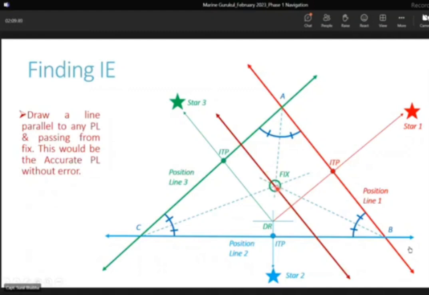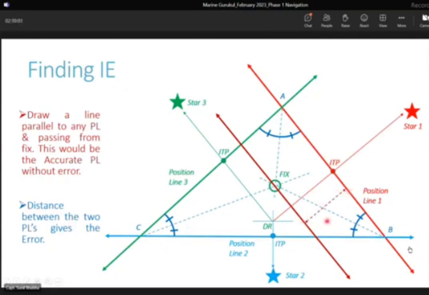Now once we have these two parallel lines in our plot, we have to find out the distance between these two parallel lines. The distance between these two parallel lines gives us the error in our sight.